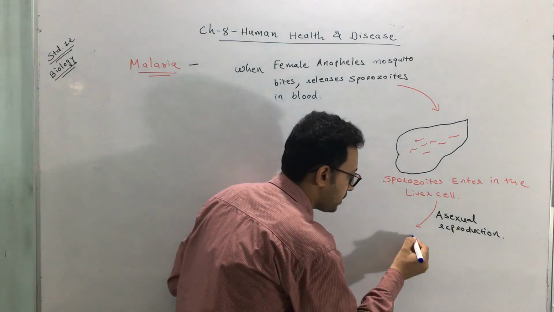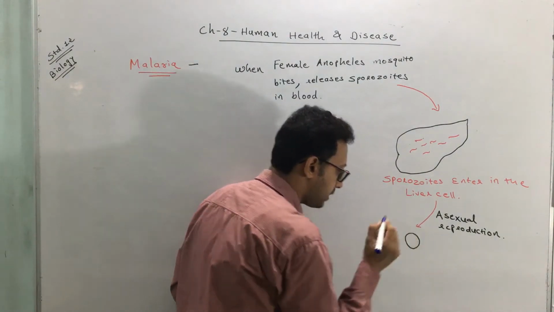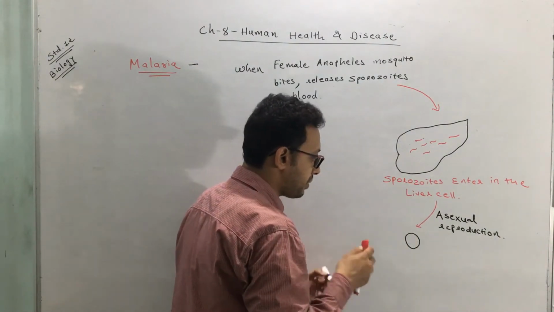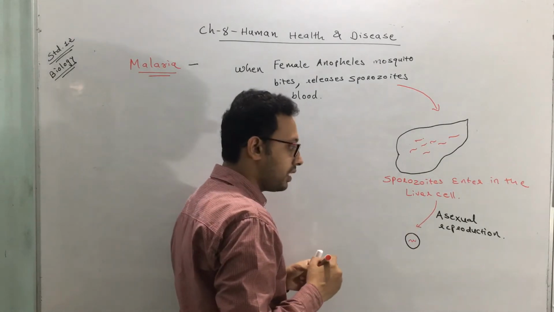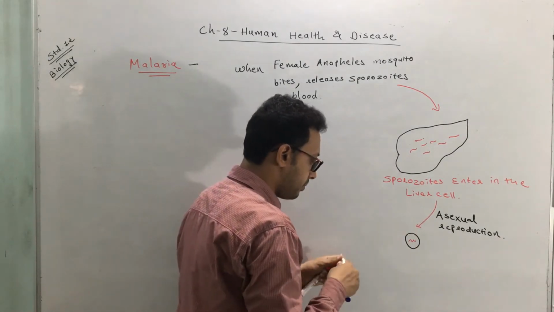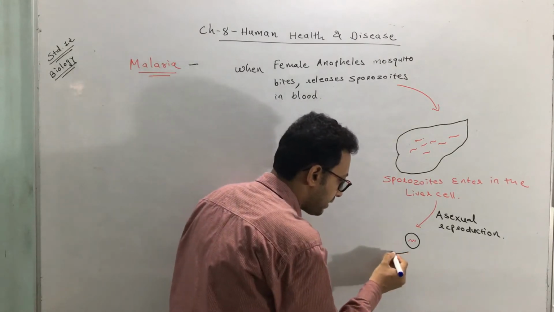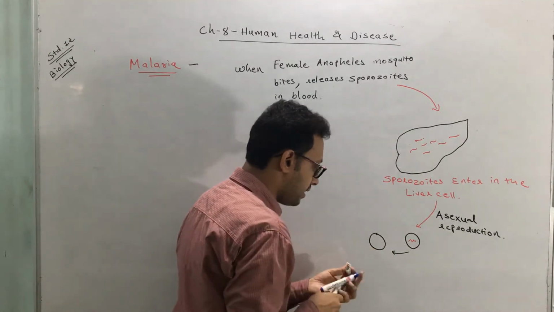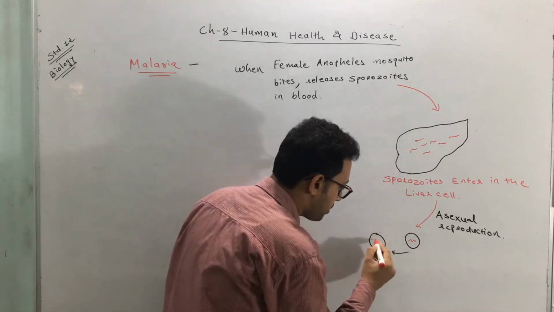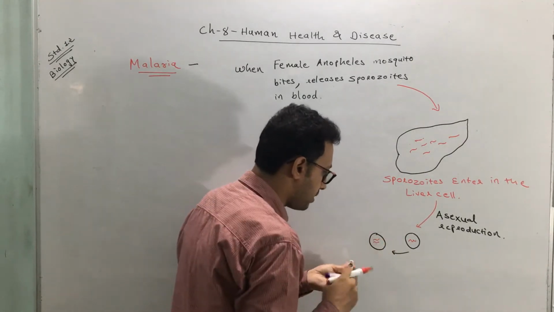Suppose assume that I am showing one liver cell. Here there is a presence of a parasite. Now this parasite grows up, means it multiplies rapidly. Again they undergo asexual reproduction, means multiplication occurs.